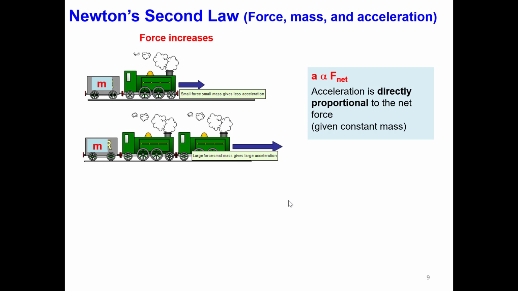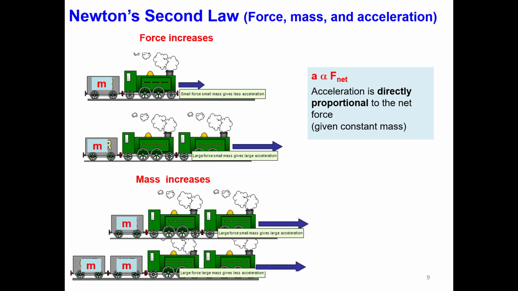Now let's change the variables. Let's increase the mass but keep the force constant. Remember, the force is represented by the engine. What happens with the acceleration if we increase the mass while keeping the force constant? More mass, less acceleration.